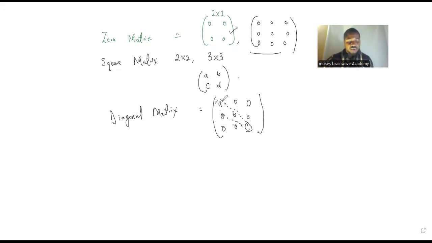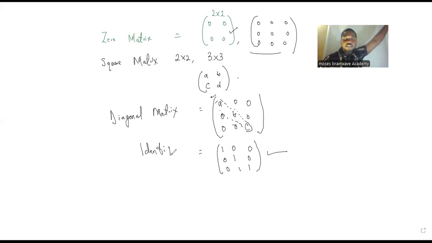And this is called the leading diagonal, right? Now, if the leading diagonal entries are all 1, then this matrix is what we call the identity matrix.